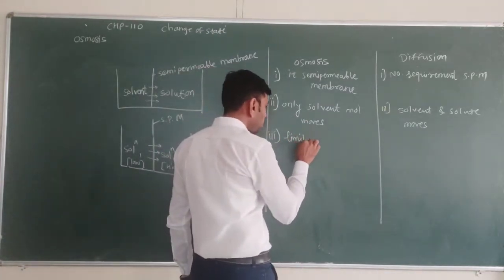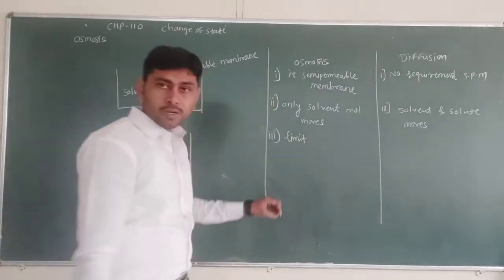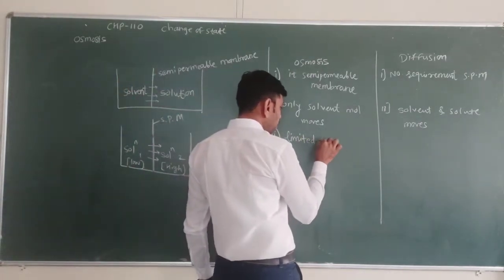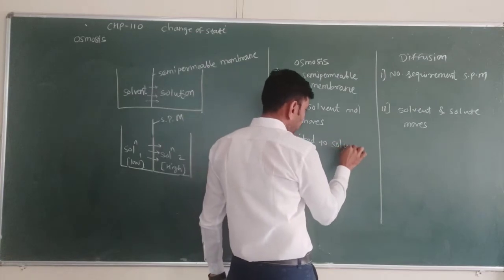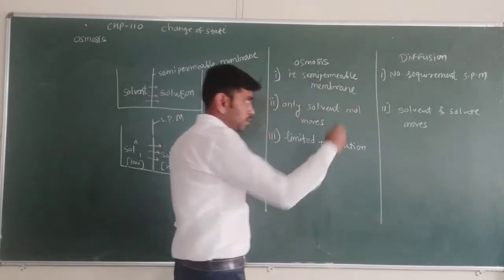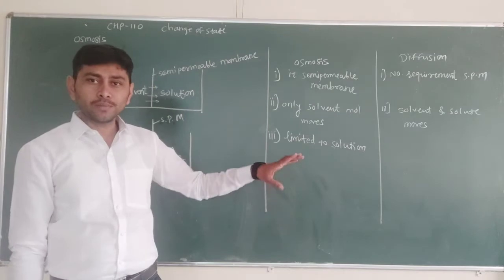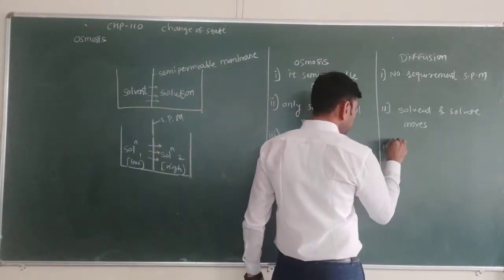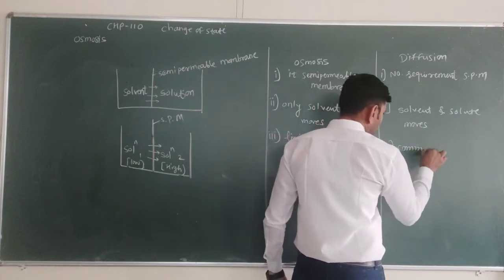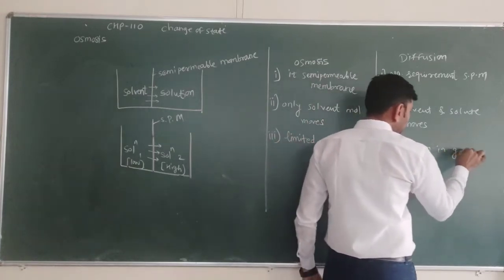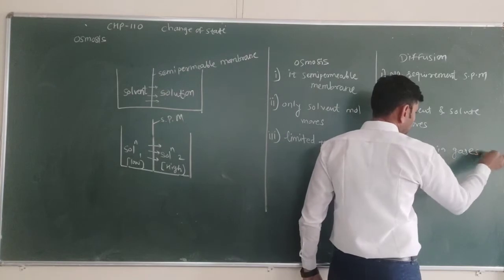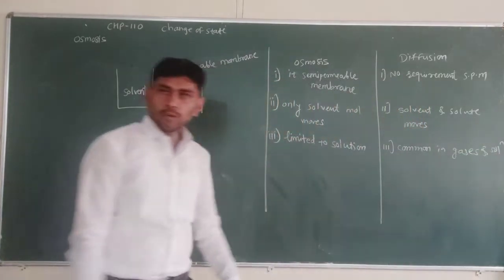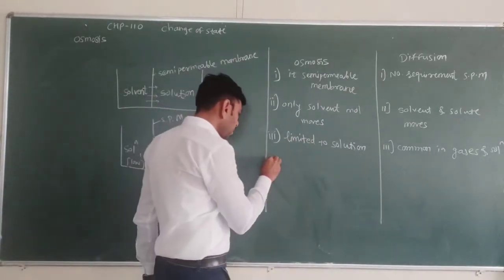Osmosis occurs only in solutions. But the phenomenon of diffusion is not limited to solutions, it also occurs in gases. So it is common in gases as well as solutions.